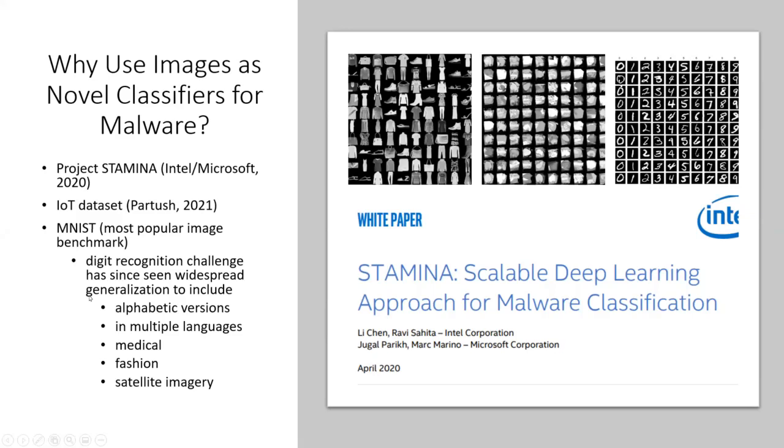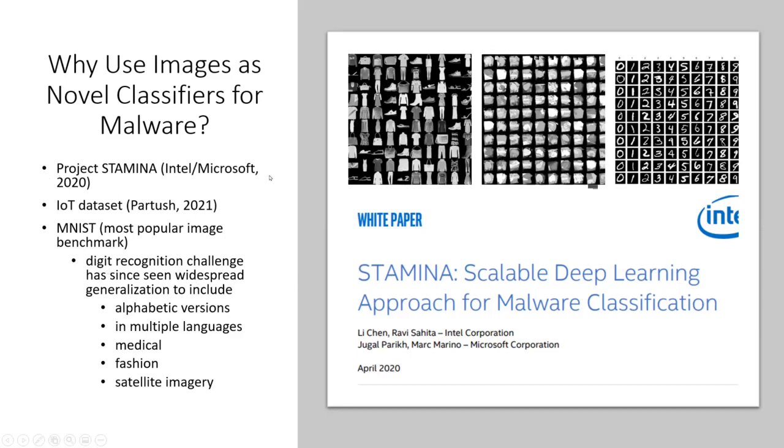But it also has branched. People have said, if they're going to solve that handwriting recognition, and typically it's 99% with the deep learning method, I can move it to other things, such as I can recognize different kinds of clothes, and that's called fashion MNIST. Or I can recognize medical images, and that's called MedMNIST. And all the way down to satellite imagery. So this has really become the heart.